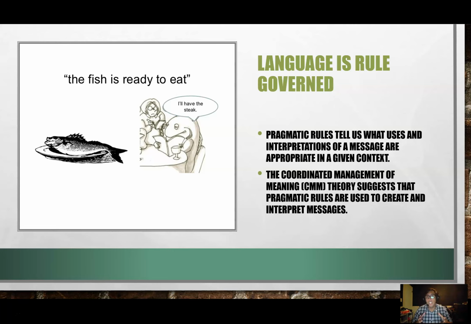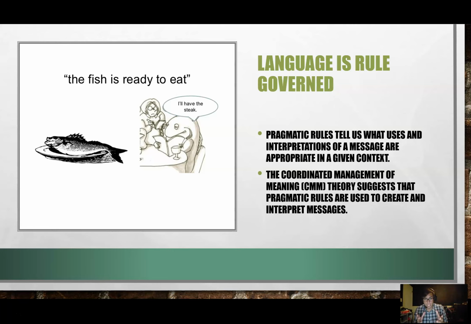They tell us what uses and interpretations of messages are appropriate given a context. So, for example, if someone says, "Oh my gosh, that was so funny, I literally peed my pants," the semantic rule is that they actually physically peed their pants. And did I say metaphorically?